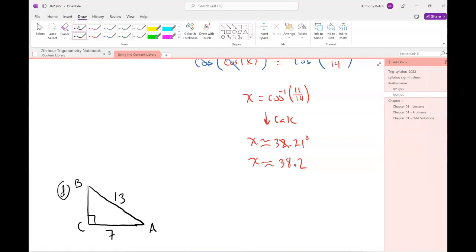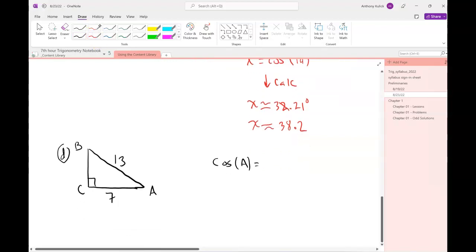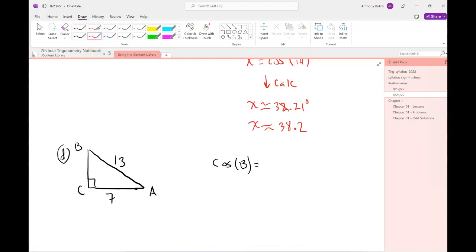Let's say we want, let's make that cosine B. Okay. All right, so the question here, you're given this triangle. It's a right triangle where side AC is 7 and BA is 13. And we're asked for the value of cosine B.